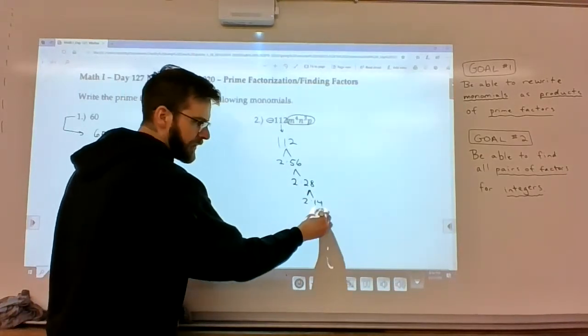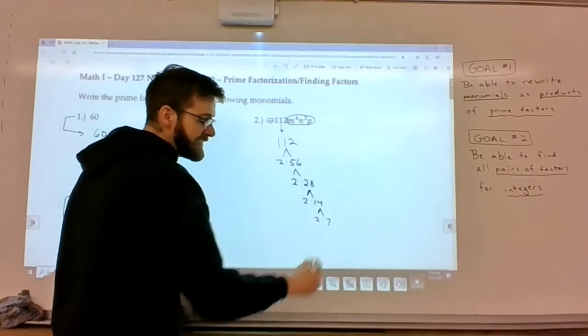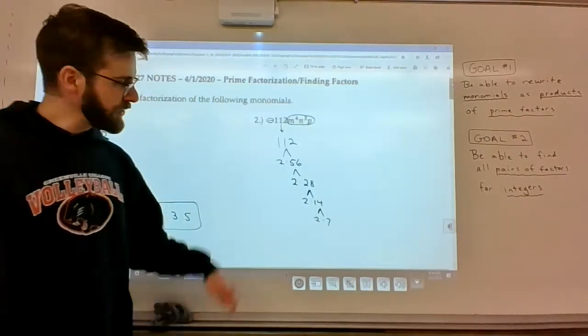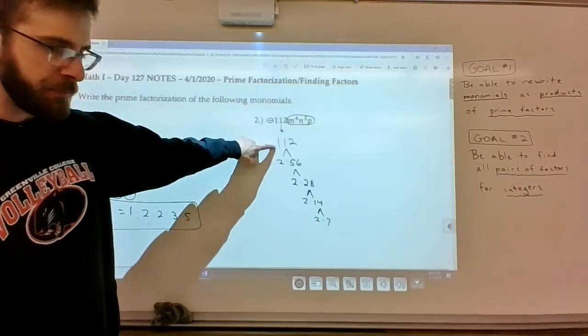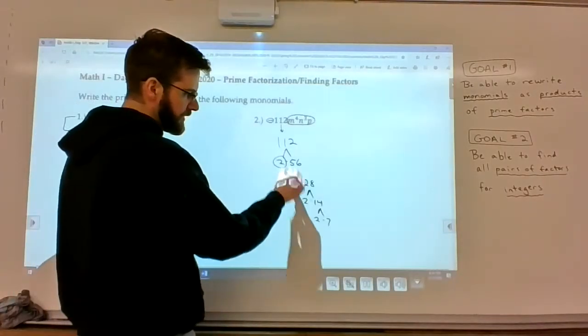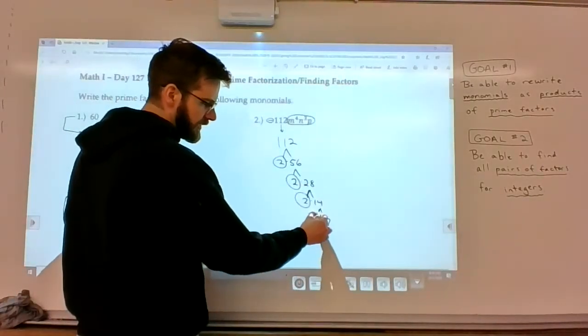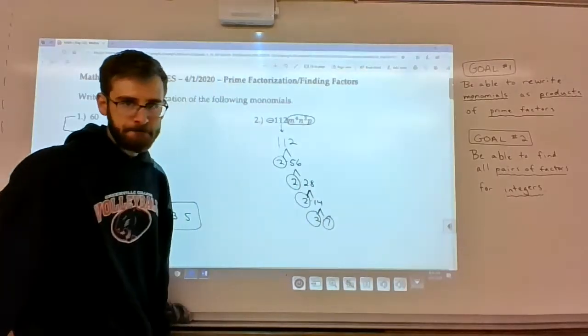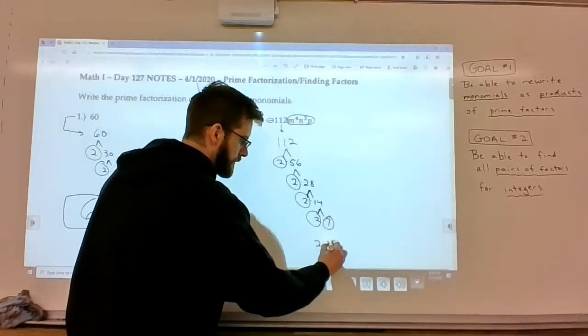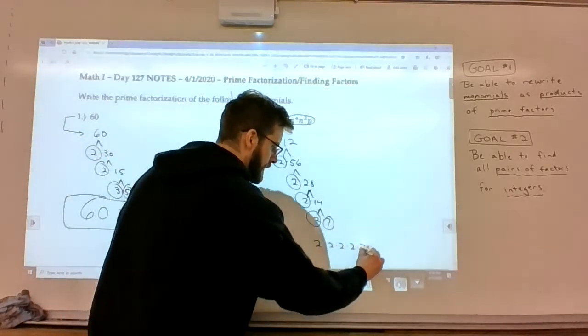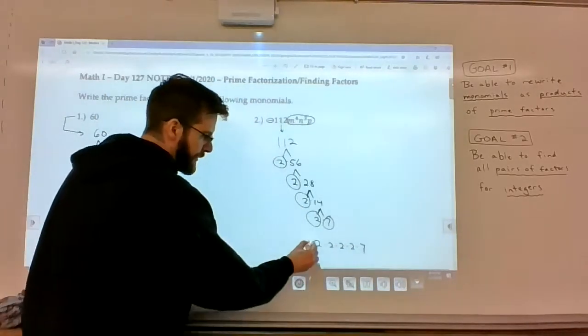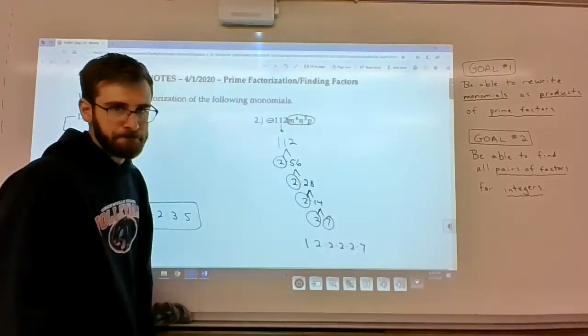Got another even number, cut that in half, and you get 7. 7's a prime number. So we know that 112 has a prime factorization of 2 times 2 times 2 times 2 times 7. We're going to remember to put a 1 out front here.